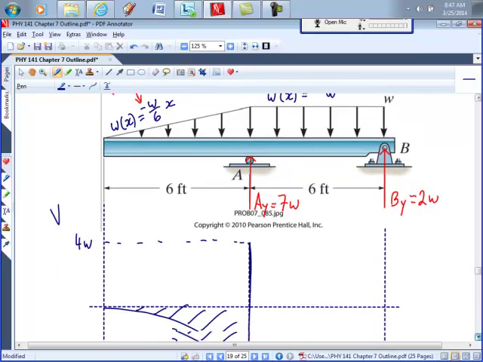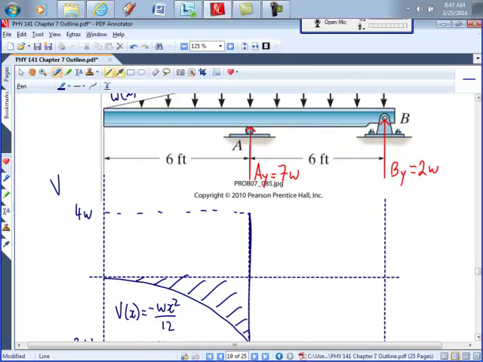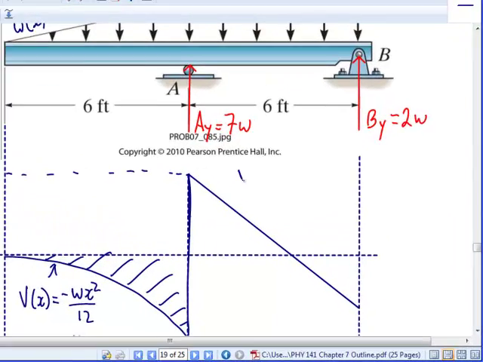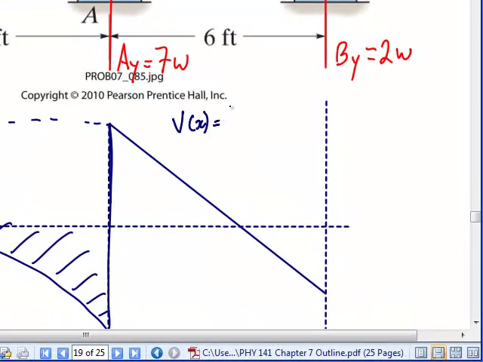So we're going to have a straight line, going to have a slope of W, so this V of X is going to equal negative WX, but when we integrate, we also have a constant.